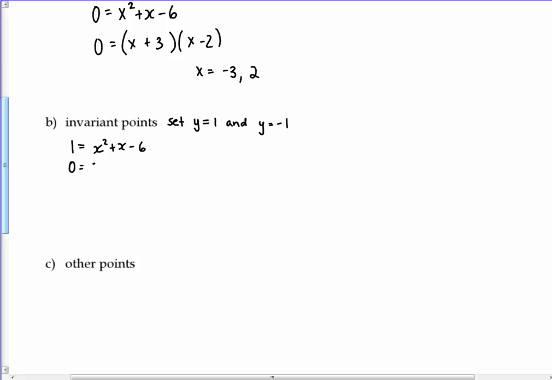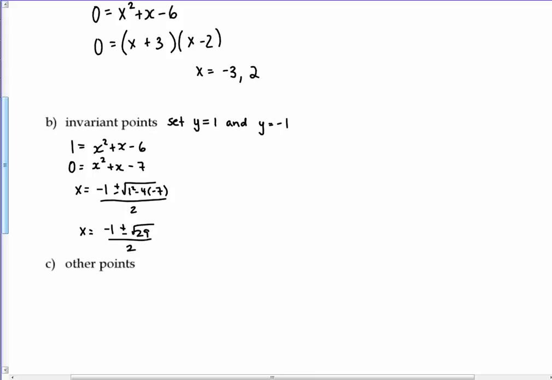One side's a 0, so if I subtract 1, it becomes minus 7. Does that factor? Does not factor. Therefore, we use quadratic formula, which does not simplify. We just get 29, root 29.